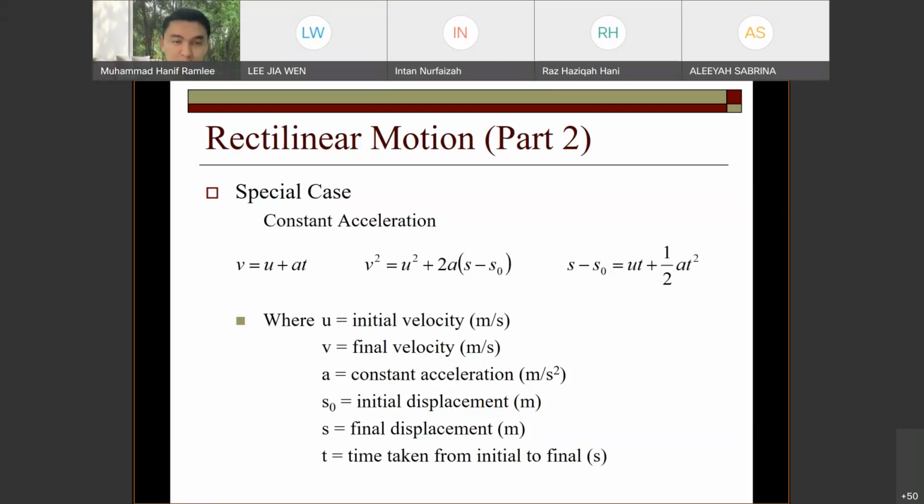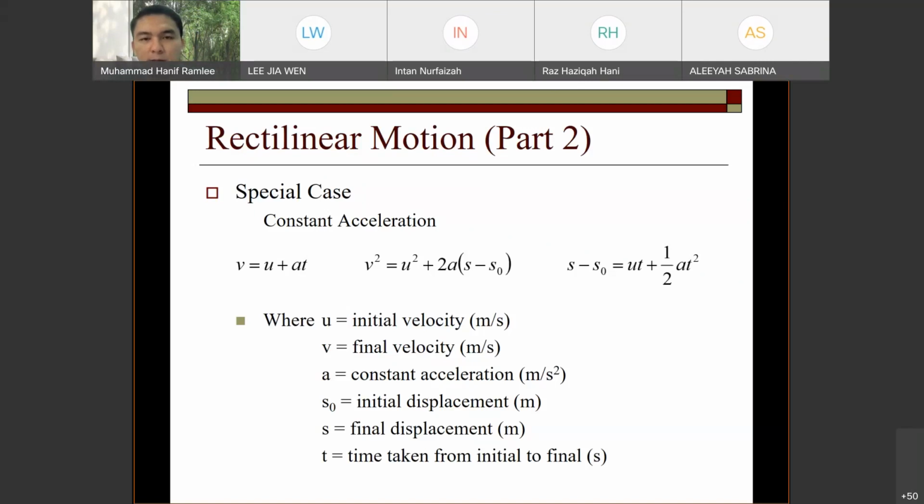The first equation, I believe that you already learned during your secondary school or high school in physics. The first one is v equal to u plus at. The second one is v square equal to u square plus 2a in bracket s minus s naught.